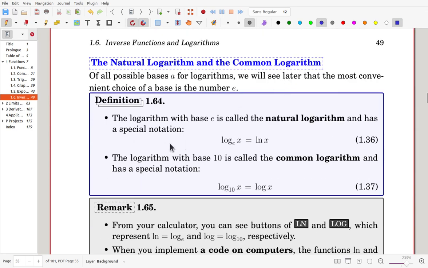Here, once the base is e, then log base e of x is written as ln x.